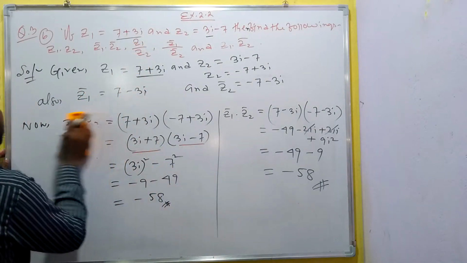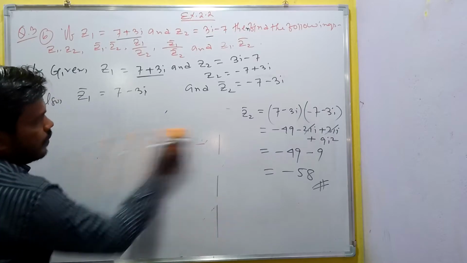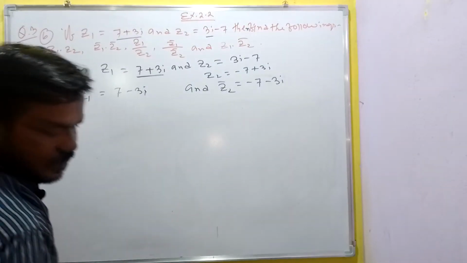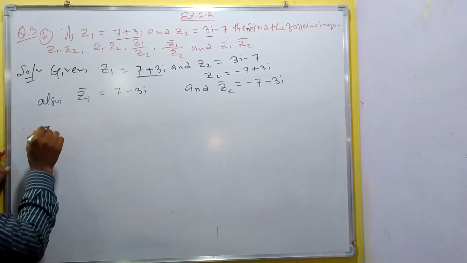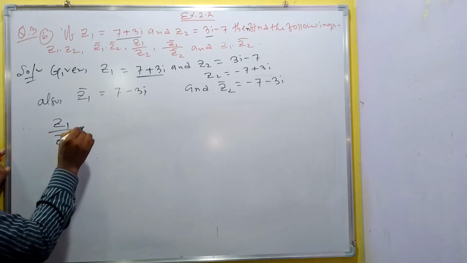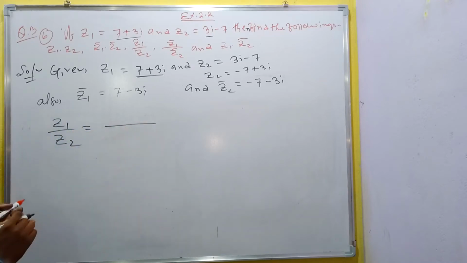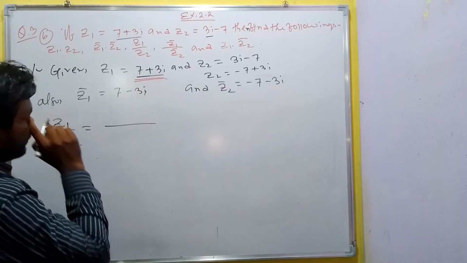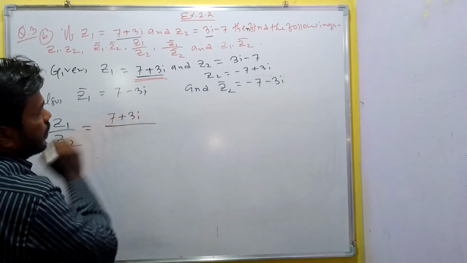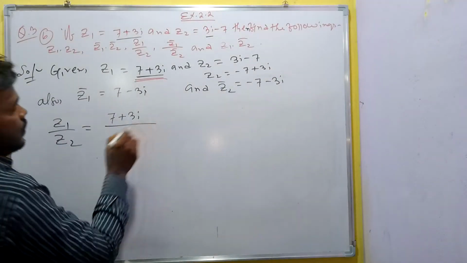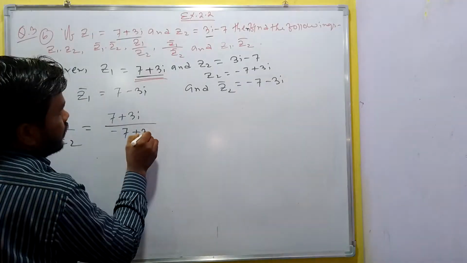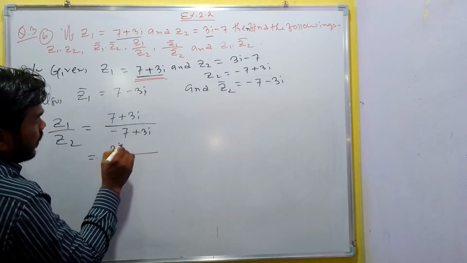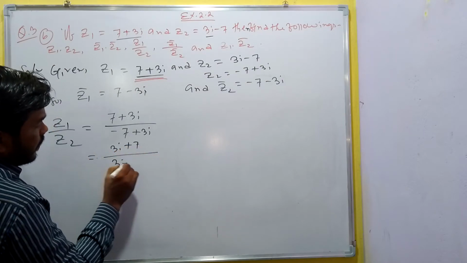Now we have to find z1 by z2. z1 by z2 equals, so value of z1, you can see, 7 plus 3i, by value of z2, so minus 7 plus 3i. Now you have to write 3i minus 7.